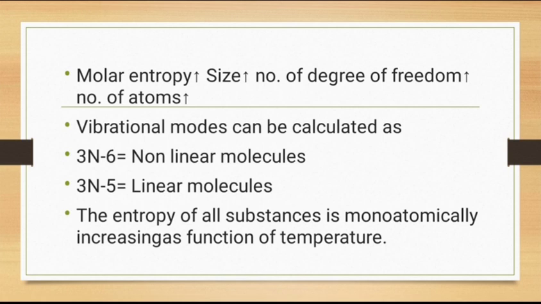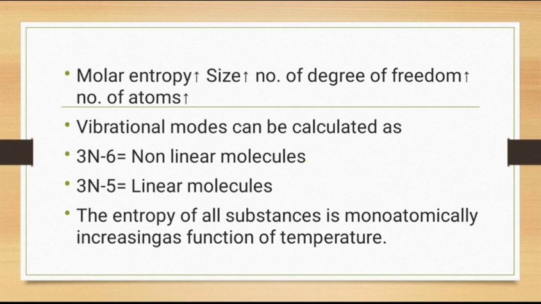As I have written here, as the number of degrees of freedom increases, molar entropy increases, so that we can get an idea about the number of degrees of freedom. For that we can see the vibrational modes, how this can be calculated.